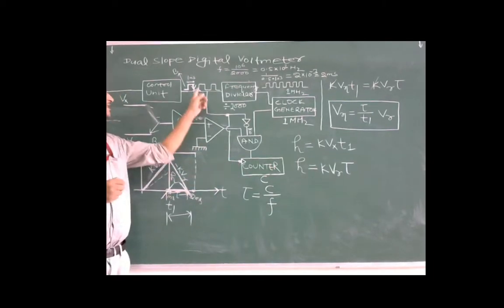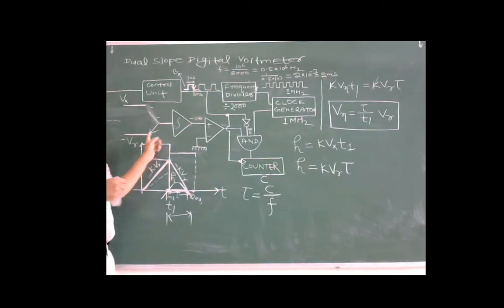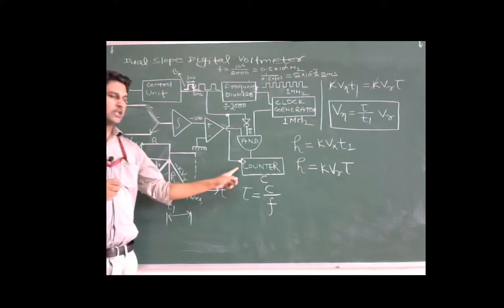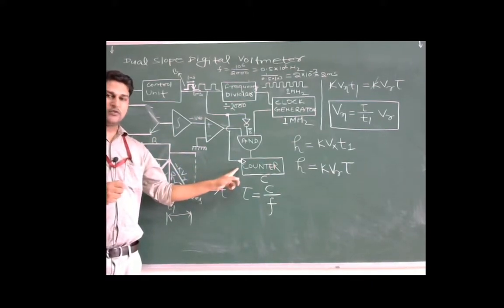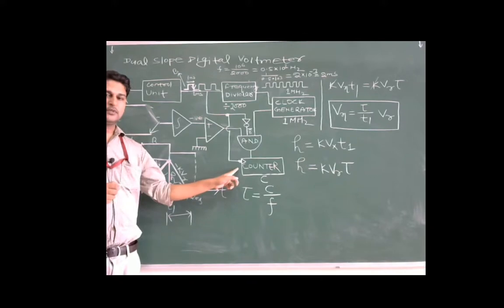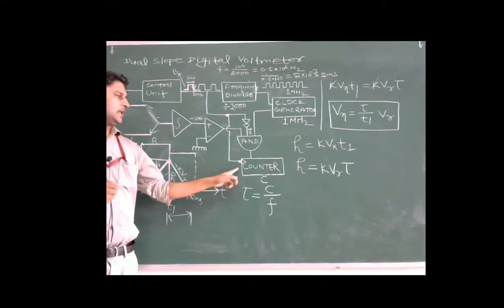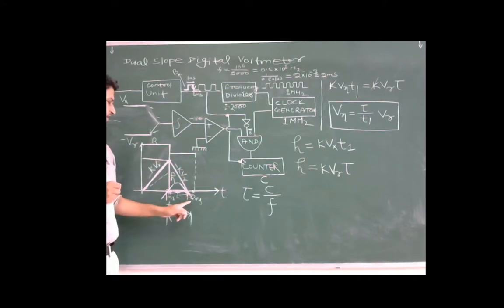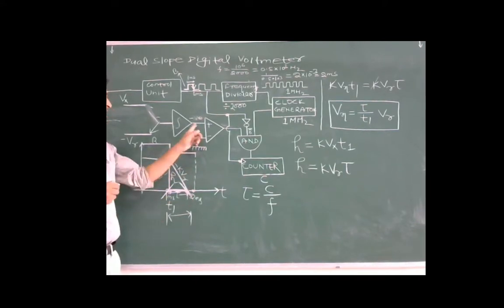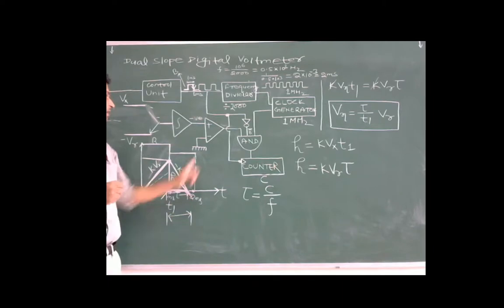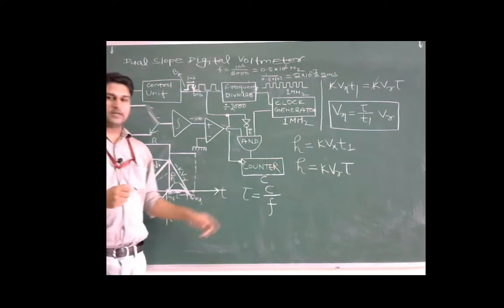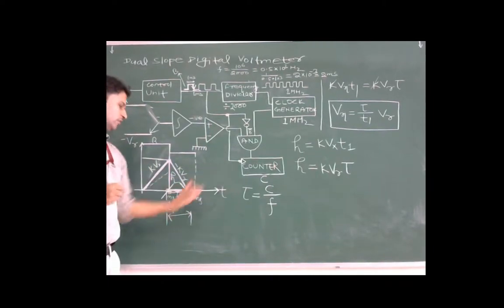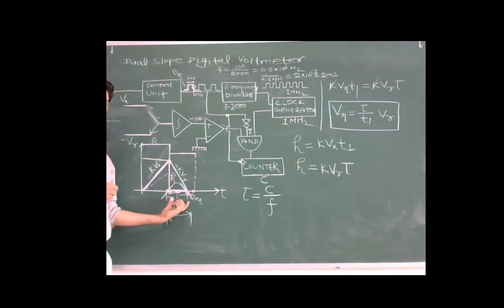And when this signal goes low and this switch is connected to minus Vr, the counter starts counting. It will count until the output of this integrator crosses 0. When the output of this integrator crosses 0, this comparator will stop the counter. It means that this counter will count only in this interval.